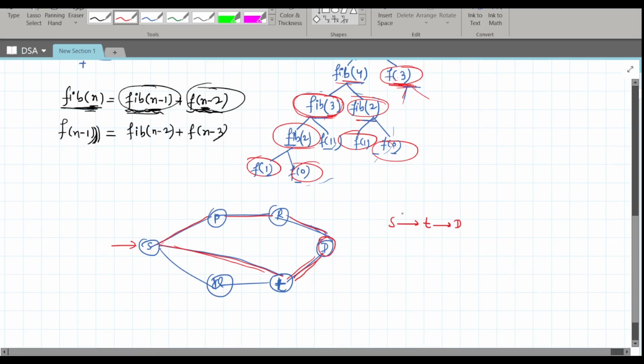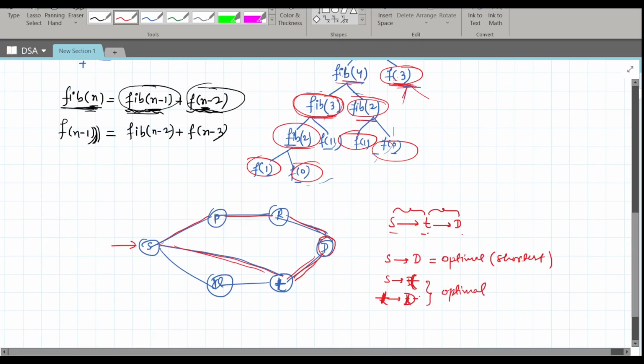We move from S to T and then T to D. So this consists of two problems. First we reach from S to T and then T to D. If S to D is optimal, that is, if it is the shortest path, then S to T and T to D will also be optimal.